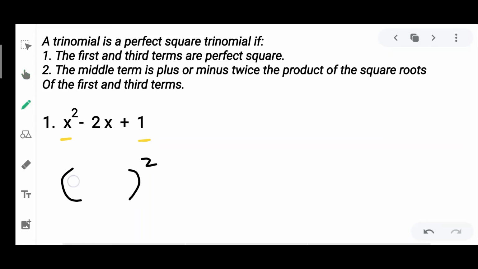Just simply divide the exponent into 2. So, 2 divide 2, x na lang matitira. So, since magkaiba sila ng sign, we have negative sign. And now, katapos nito, sa last term naman tayo titingin. So, what is the square root of 1? The square root of 1 is 1. And this is our final answer.